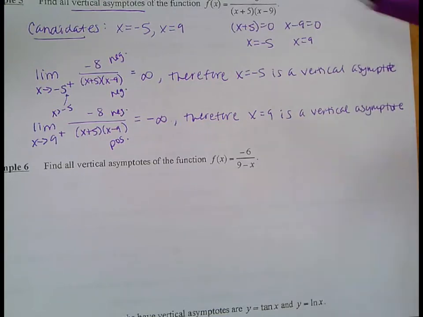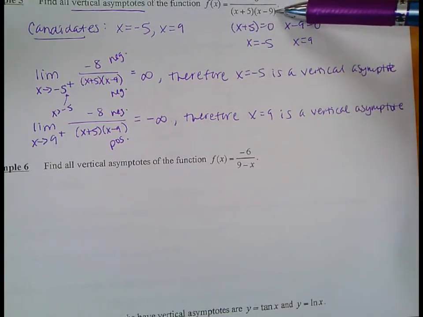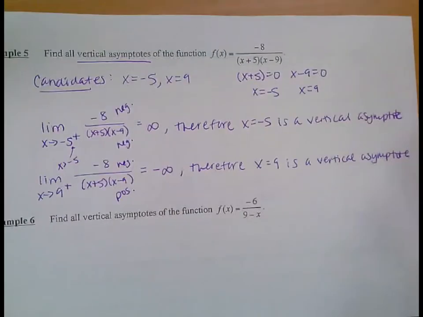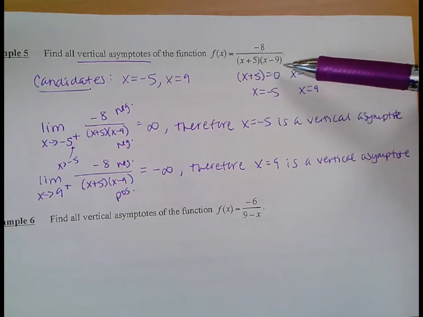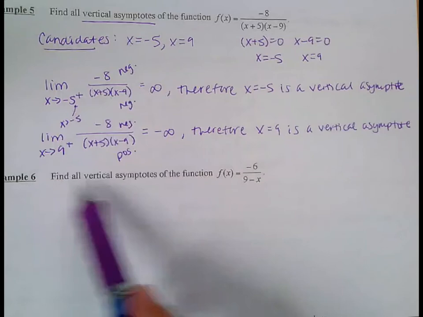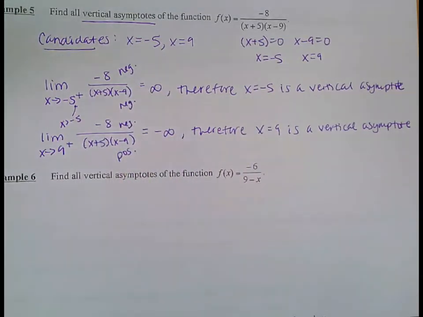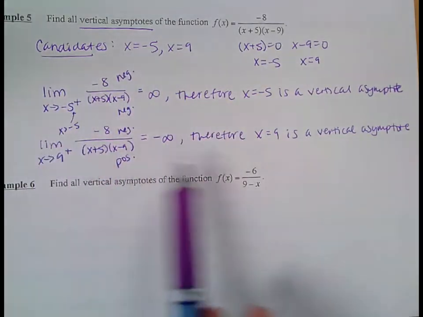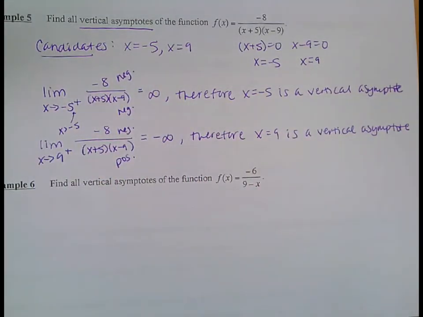So it is possible that whatever makes the denominator 0 doesn't have to be an asymptote. But this is what you would need to show as a reason why. Does that make sense? Are there questions on that? And in any case, if you're asked to find the vertical asymptotes, this is the work you would need to show.